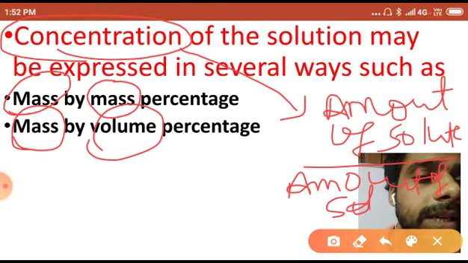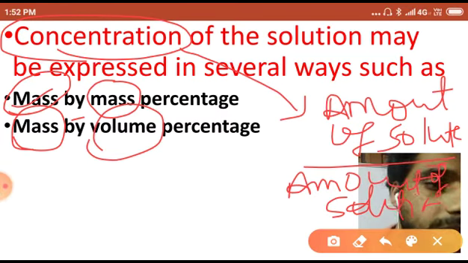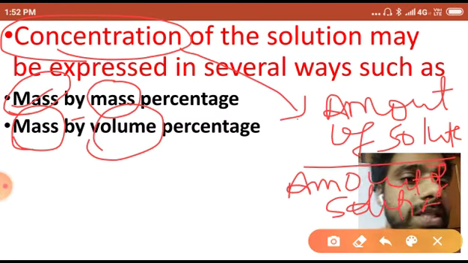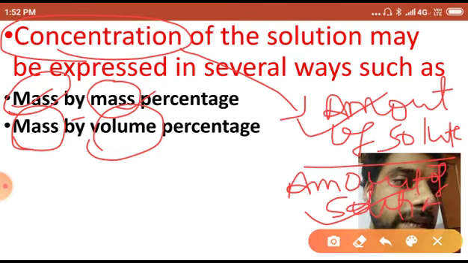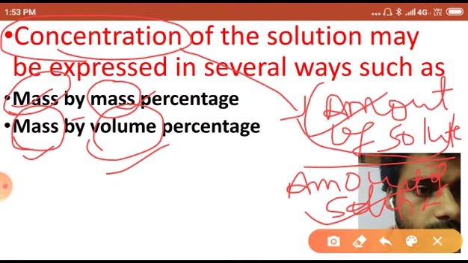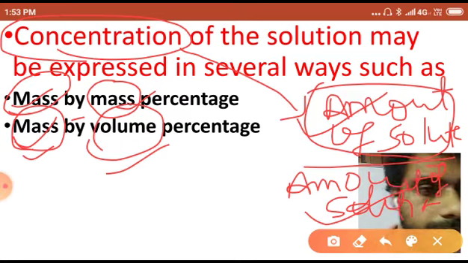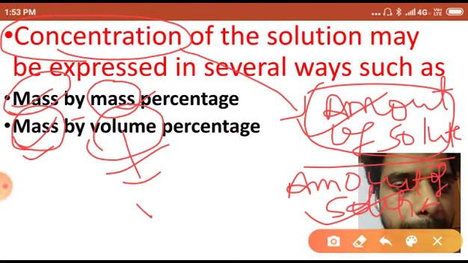Here in mass by mass, mass means amount of solute and mass means amount of solution. In mass by volume, the amount of solute would be in grams, and for volume, the SI unit of volume is ml.